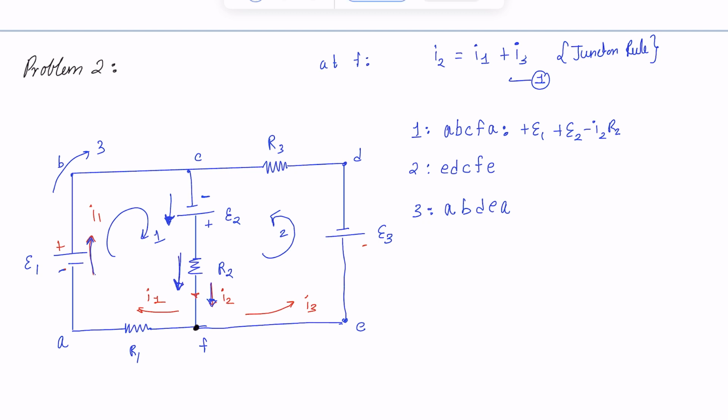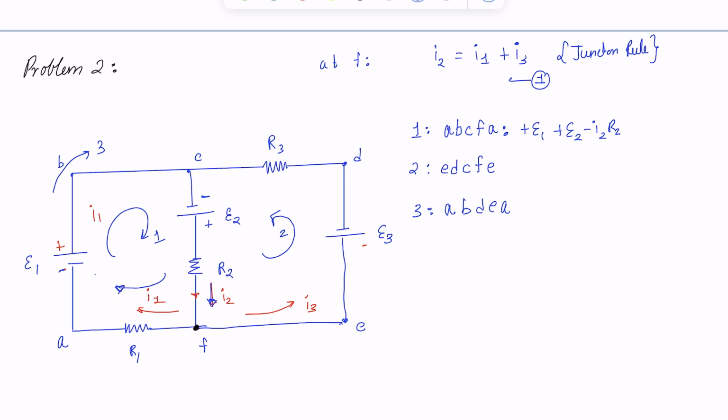So that's why it's minus I2 R2. Then to complete the loop, after crossing R2, I need to go to point A, so I go through the resistor R1, and again we are traveling like that.